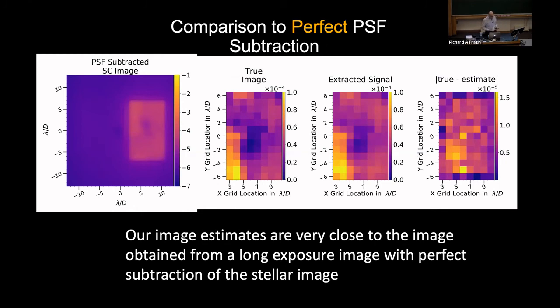So in other words, our image estimation method for this simulated case was extremely close to what you could get in a perfect world with non-millisecond imaging. But again, that takes perfect knowledge of what the star image is and subtracting that off.